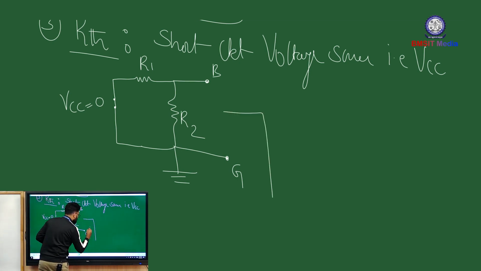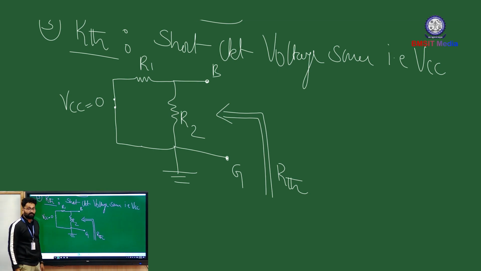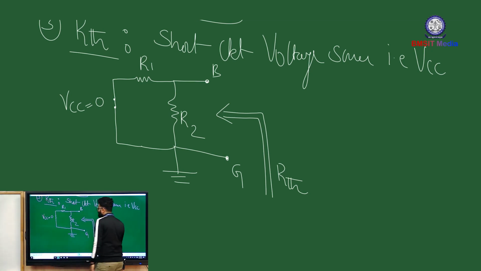And measure the resistance as seen from the output terminals. So you have created the short circuit and observe the equivalent resistance as seen from the output terminals. In the sense, when you peep into the network from the output side, whatever resistance you will get will be the RTH value.